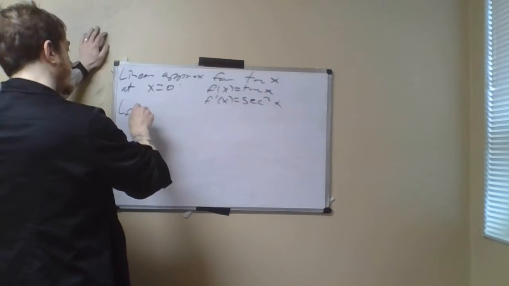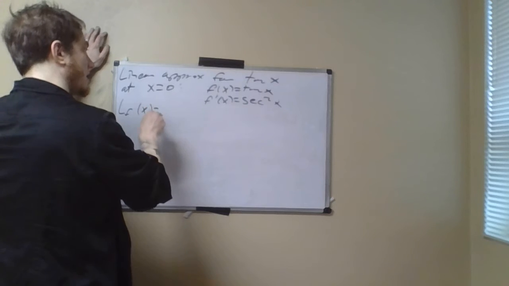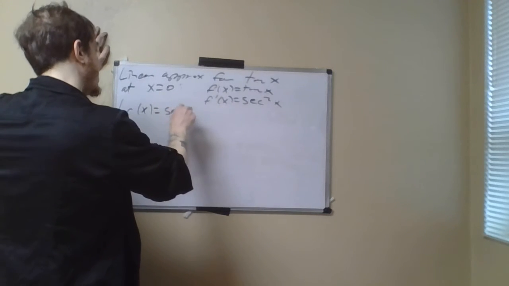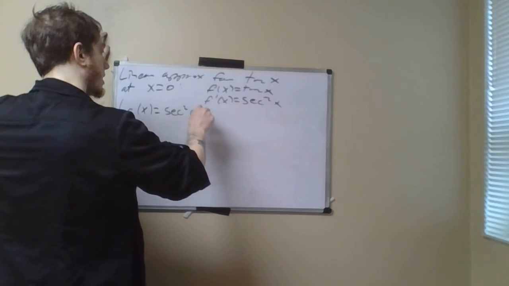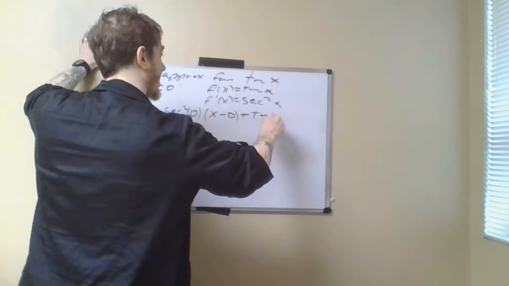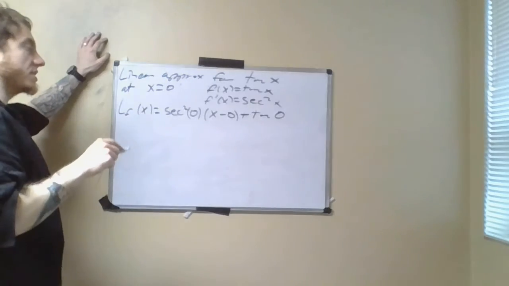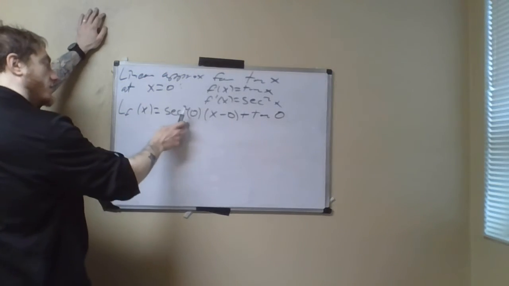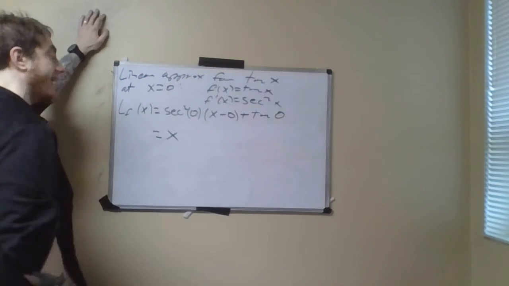That means the linear approximation is going to equal secant squared of 0 times x minus 0 plus tangent of 0. However, tangent of 0 is 0, and secant of 0 is 1, so this just becomes x.